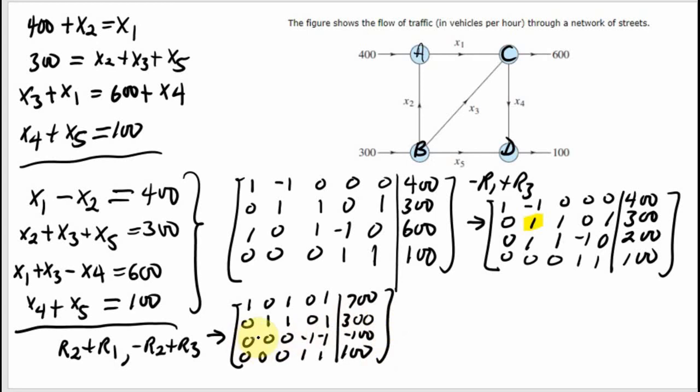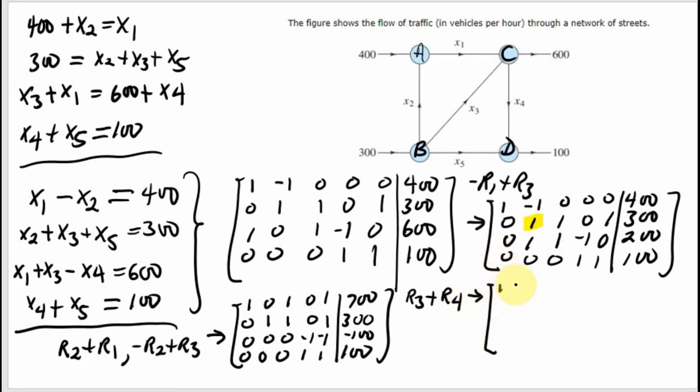Now you see how rows 3 and 4 are multiples of each other? Well, that begs infinitely many solutions. So here's what we do. We say row 3 plus row 4.